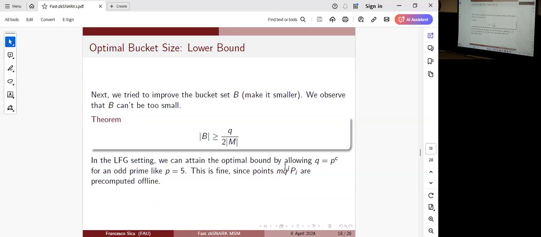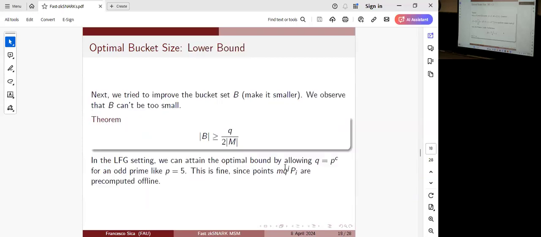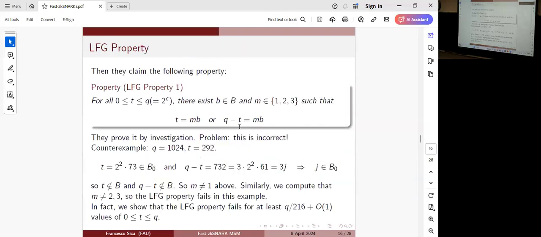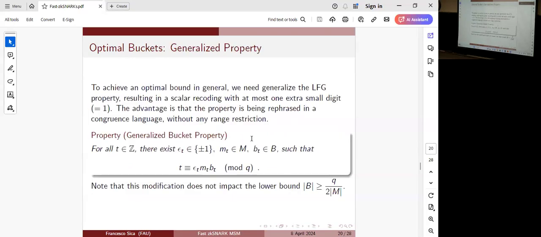So the easier way is just to say, okay, we'll just do without this bound here. So we will allow a small multiple of Q here. In fact, let's do initially with any multiple of Q. So we have T here. We want to have T equal basically plus or minus MB plus a multiple of Q.